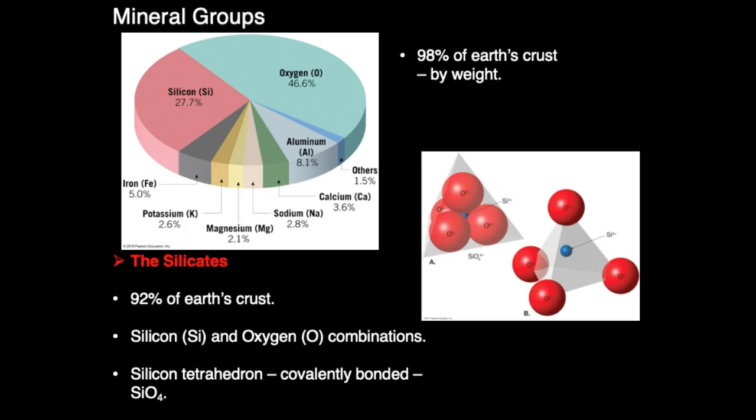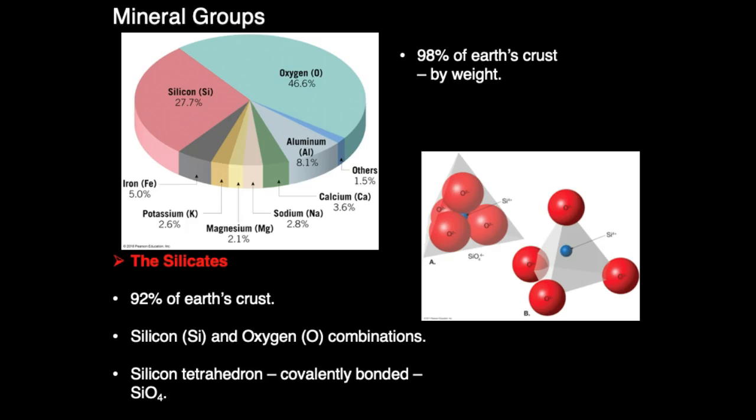From these elements, oxygen and silicon are the two most abundant that we have for the formation of minerals. And commonly, both oxygen and silicon bond together to form the most basic building block, if you would, of the most common mineral group, which is going to be the silicates.